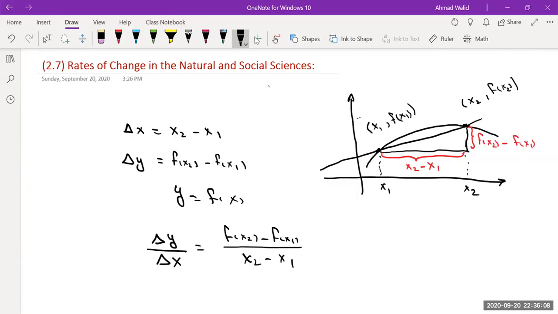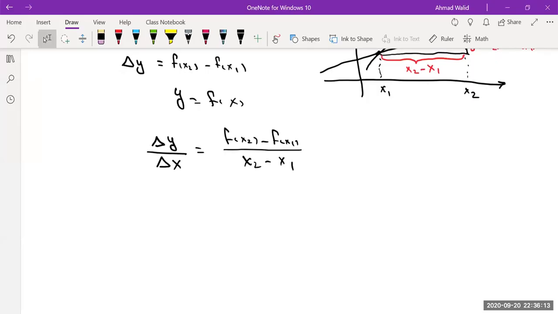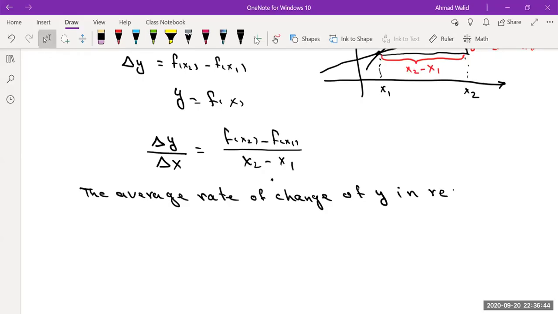This delta y over delta x, or f of x2 minus f of x1 over x2 minus x1, shows the average rate of change of y with respect to x.